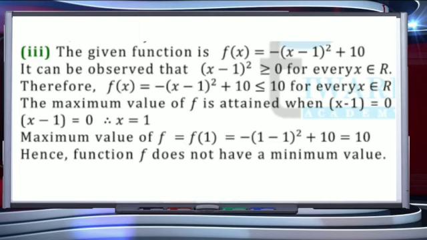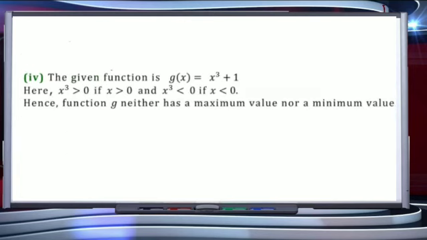But yes, it can have its maximum value when x minus 1 is equal to 0. So x comes out to be 1. I will find my maximum value of the function when x is 1, which comes out to be 10, but its minimum value does not exist.